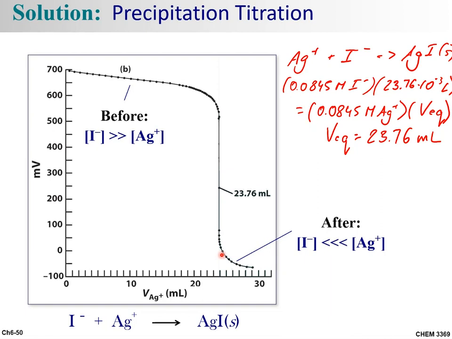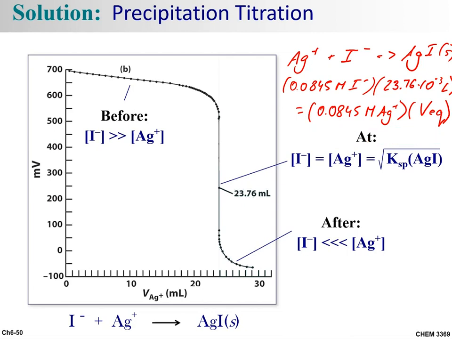So this tells us the relative concentration, right? At the beginning, before the equivalence point, all silver plus is consumed, and the concentration is low and pretty much constant. Okay. Now at the equivalence point, all I minus is consumed.